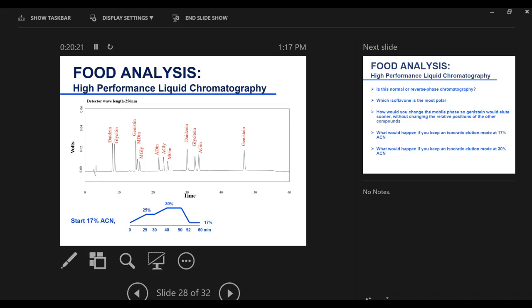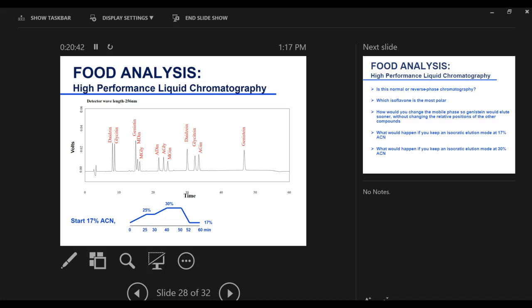So compounds are going to take, some of these will come out, and then the rest, they're going to be slowed down, and there is a chance that genistein will stick on the column and not leave, even though maybe it will leave after 24 hours, who knows. But it's just going to stay longer.